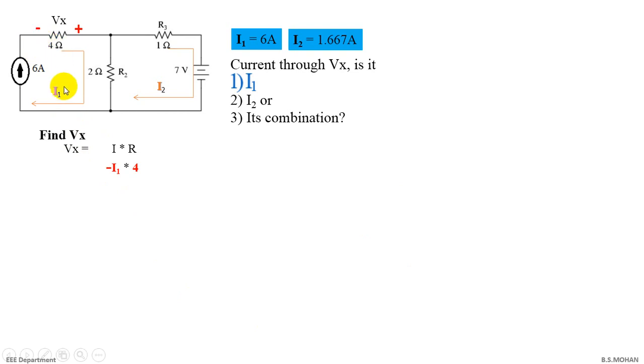But for Vx, which current hits negative? I1 hits negative first, thus it is minus. So when you substitute the value of I1, you get minus 24 volts. Hope you have understood why it is negative here for I1. The current I1 hits negative, thus it is negative.